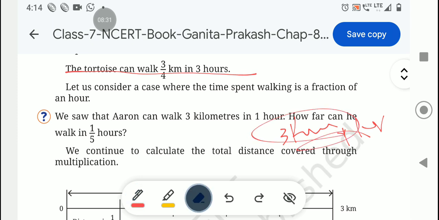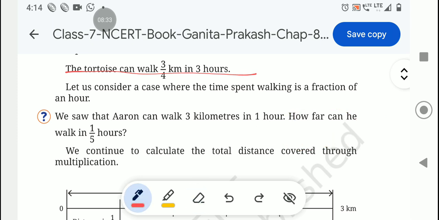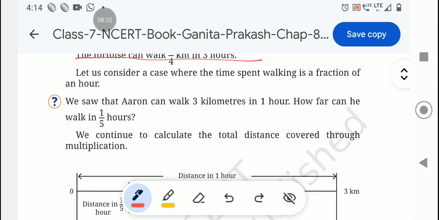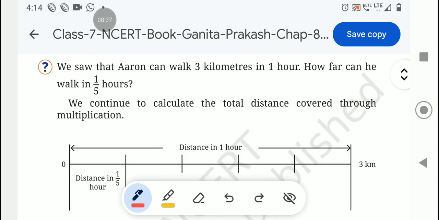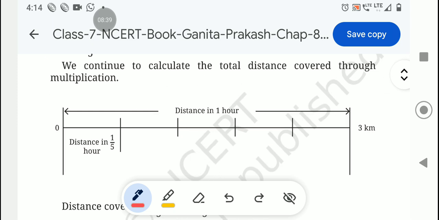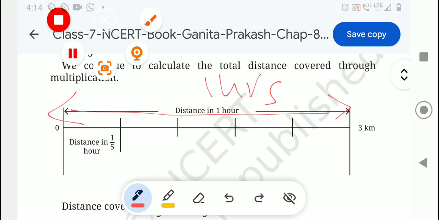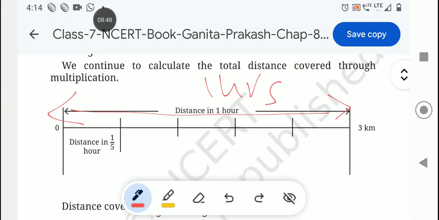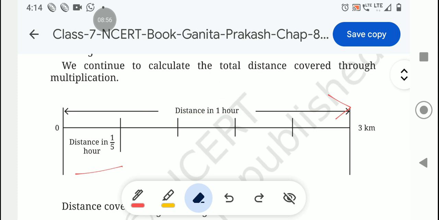So in 1/5 hours, how many kilometers he can walk, that we have to find. So in 1 hour, 3 kilometers. In 1/5 hour, how many kilometers can he walk, we have to find.